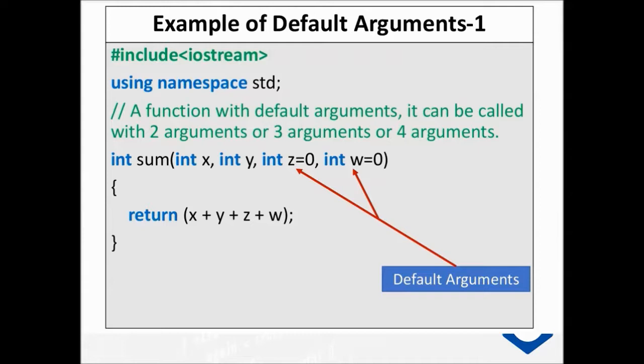The last two parameters are used as default arguments, where int z = 0 and w = 0. So this function can be called with 2, 3 or 4 arguments. And in the function we return x + y + z + w to the main program.